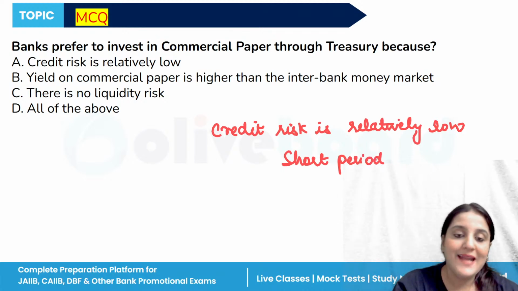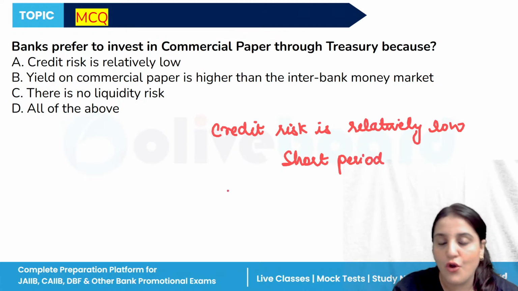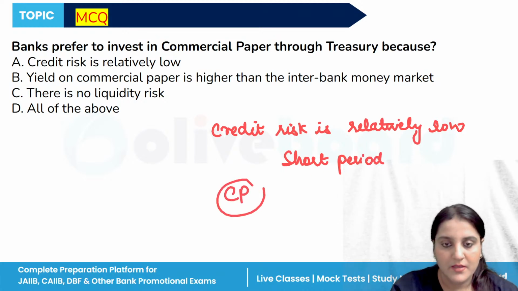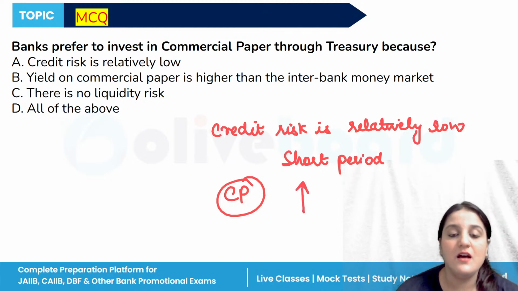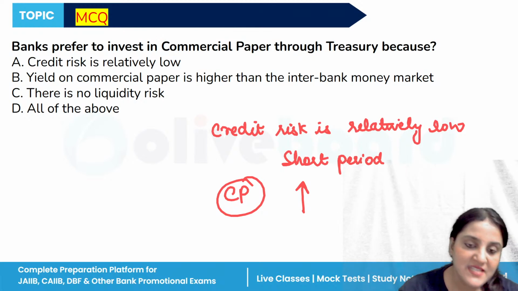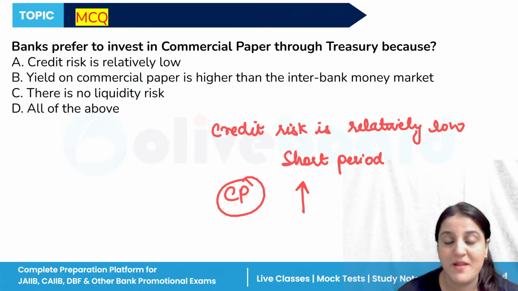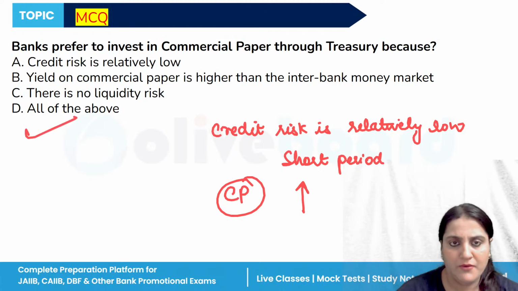And the yield on CP, that is commercial paper, is generally higher than the interbank money market, and CP being a tradable instrument, there is lesser liquidity risk. So the correct answer here is all of the above.